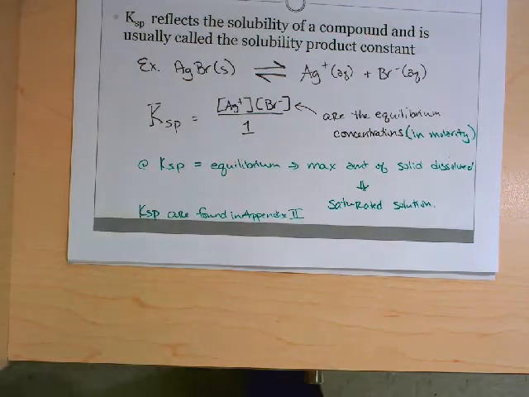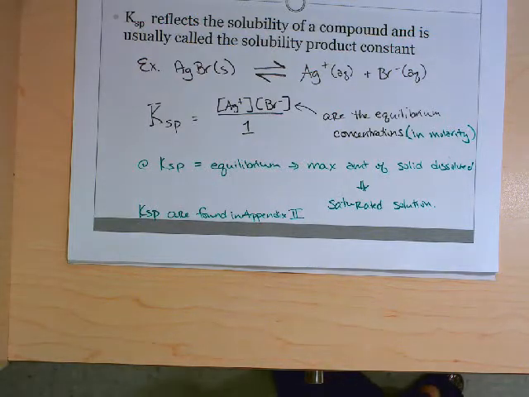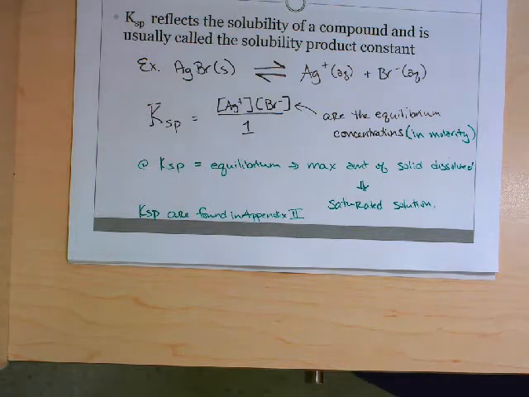For your Mastering, I made sure all the KSPs are in every question. But if I somehow missed one, they are in Appendix 2 at the back of your book. Pretty sure I called all of them.